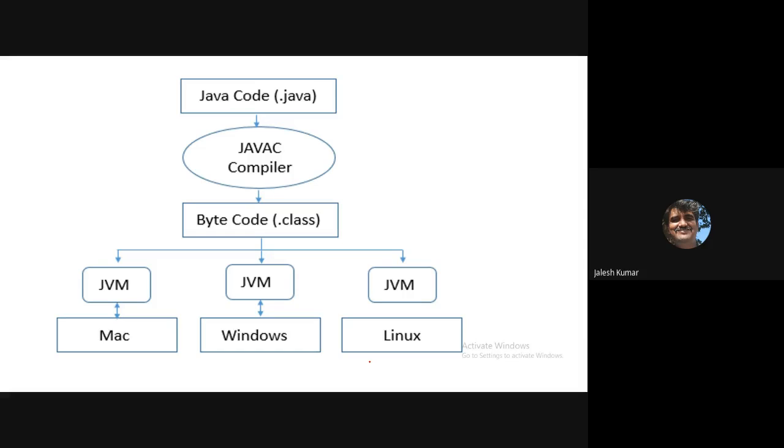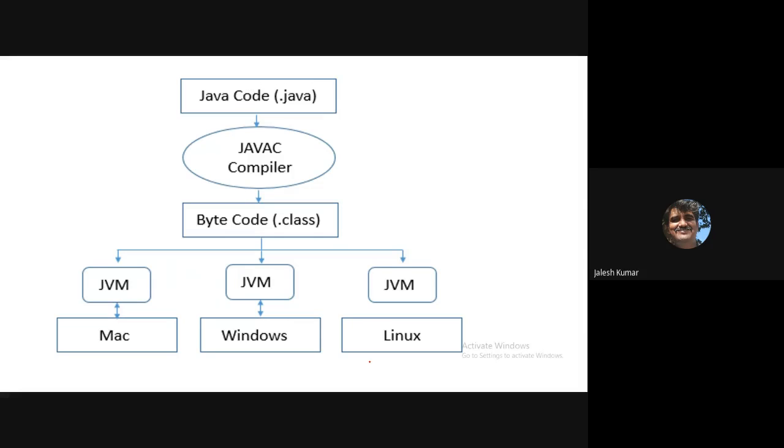Because it will be compiled and bytecode will be generated, and the same code will execute in Windows, the same code will run in Linux, or the same code will execute on some other platform designed by somebody in some part of the world.